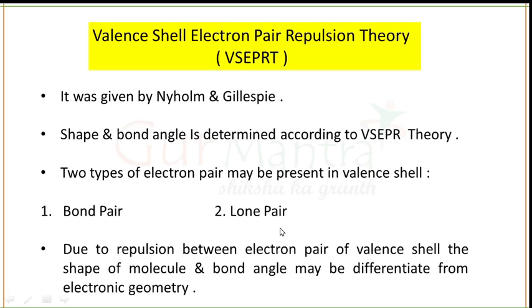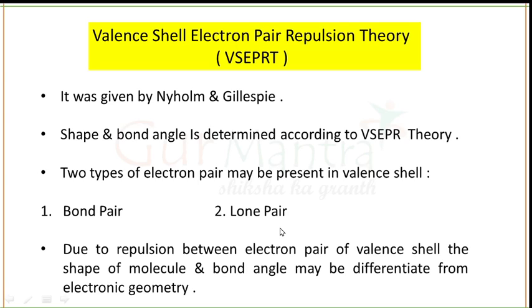The premise of VSEPR theory is that valence electron pairs surrounding an atom tend to repel each other and will therefore adopt an arrangement that minimizes this repulsion. This in turn decreases the molecule's energy and increases its stability, which determines the molecular geometry.